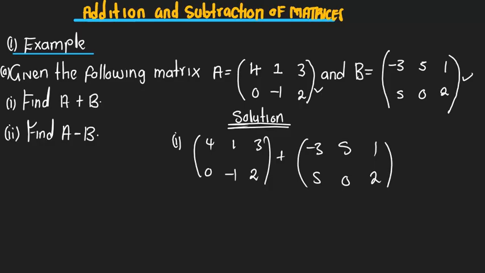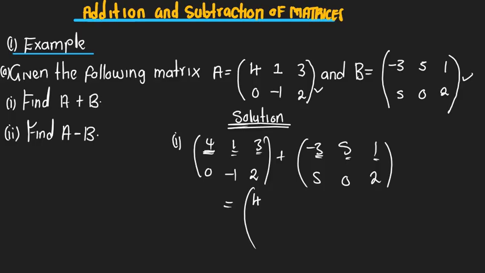Now, to add these matrices, you add them by their respective positions. So, this 4 is going to be added to this negative 3, right? This 1 will be added to this 5. You will be adding them by their respective positions.